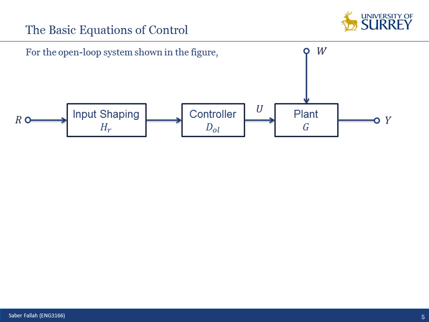Look, the dimension of output and reference input should be the same, because we are looking for the difference of these two variables in the case of the closed loop system, or in the case of open loop system, we want the response close to the reference input. But usually the input to the controller is a voltage, an electrical signal. We need some device that converts the mechanical dimension to electrical dimension.